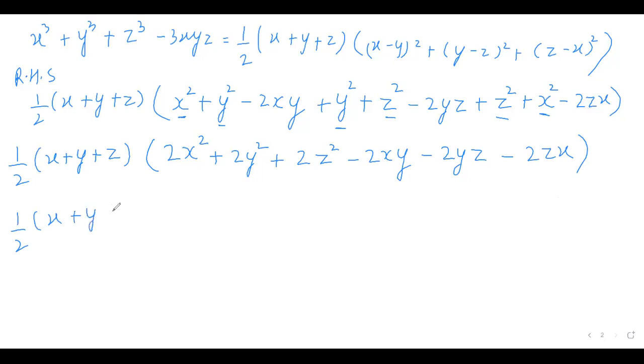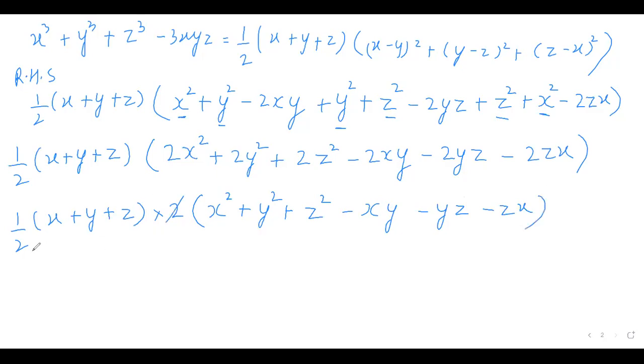Now from the second bracket, you can see every term is having 2. So I can take out 2. I can take 2 common. Then this 2 and 2 will get cancelled.